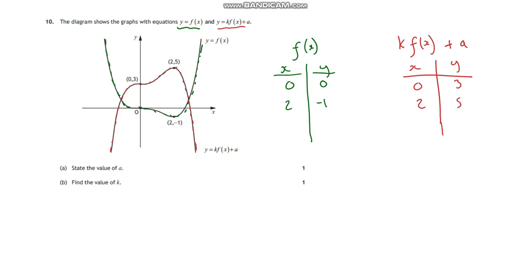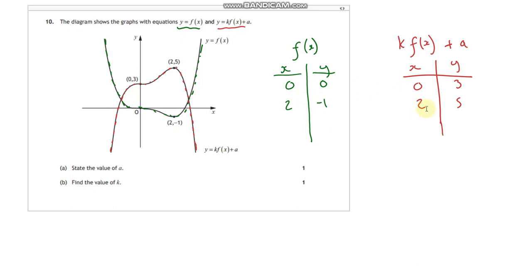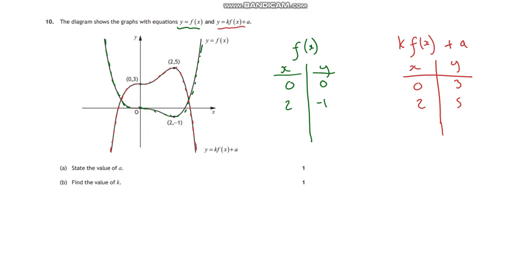It's quite helpful that I've kept them kind of aligned. So the first thing to note is this seems to have gone up by 3, doesn't it? So I'd be thinking, right, this has been shifted up the way 3, so I think that a is going to be 3 to start off with.